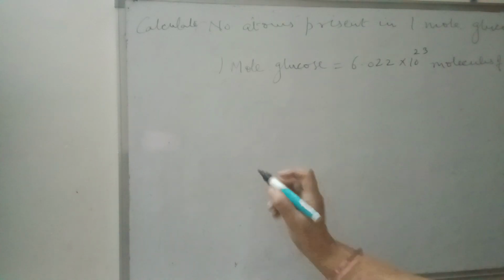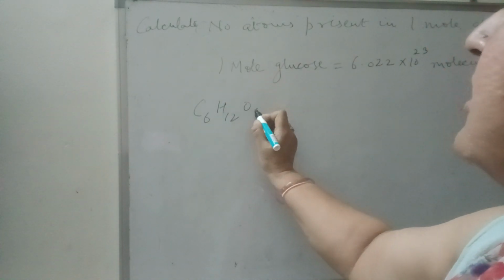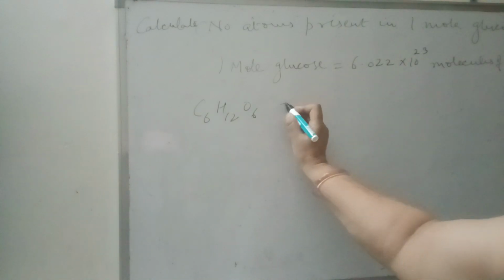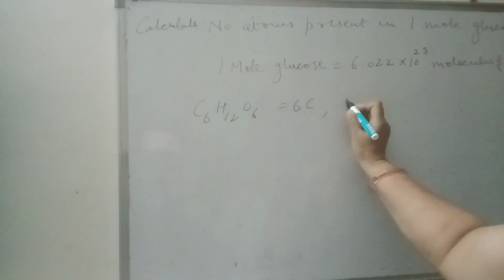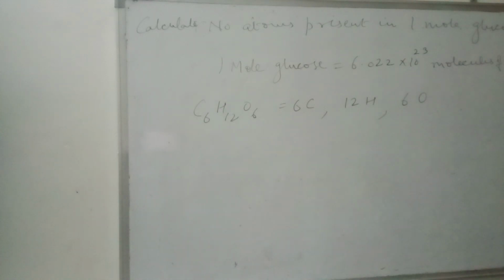Now glucose formula is C6H12O6. It is containing 6 carbon, 12 hydrogen and 6 oxygen atoms.